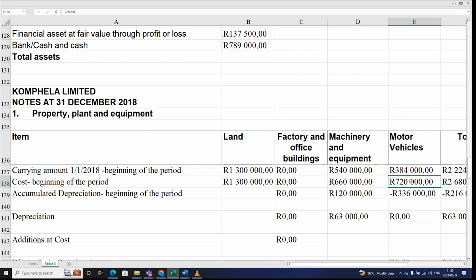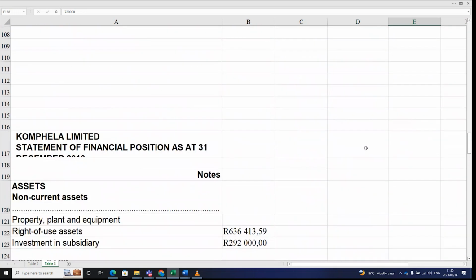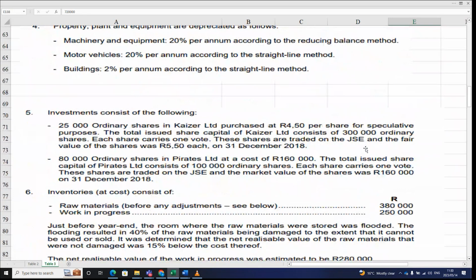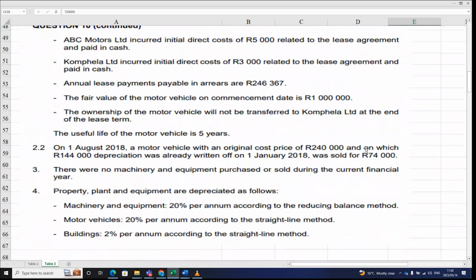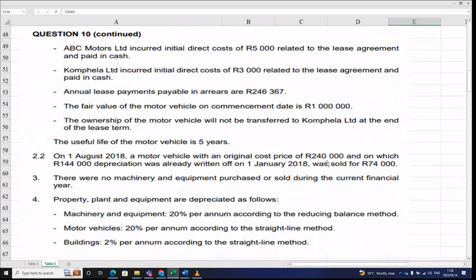Okay. So then there was an asset that was sold, right? There was a vehicle that was sold with the original cost price of 240,000, and on which 144,000 depreciation was already written off as at 1 January 2018. Okay.